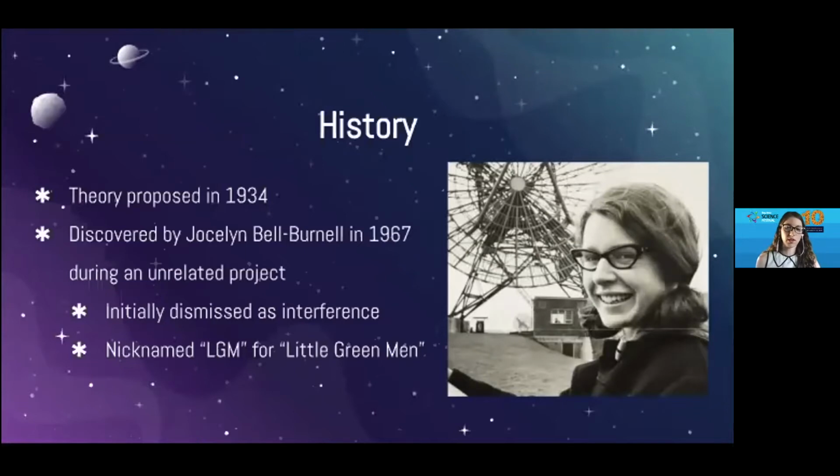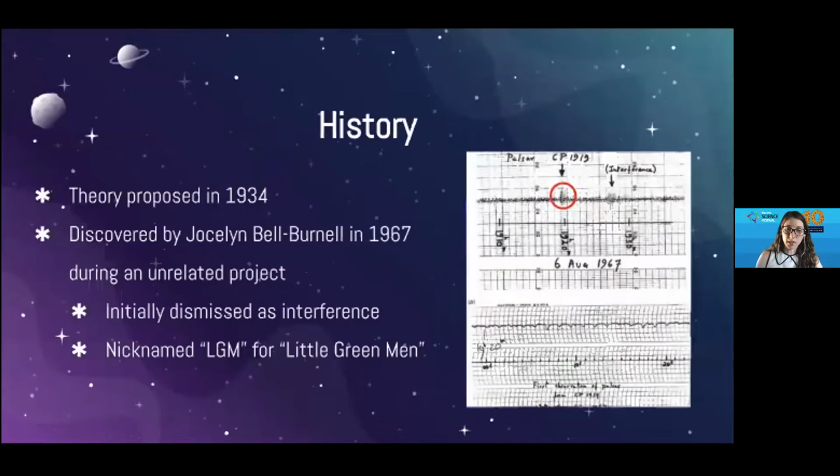So she was working on an unrelated project at the time. And if you can see that telescope in the background, she had actually helped build that telescope herself. So she was going over all of her data by hand to try and make sure that that telescope was working correctly. And that's when she found this little blip in her data that was repeating about every second when she looked at a certain part of the sky.